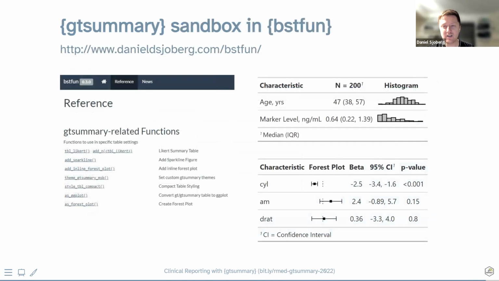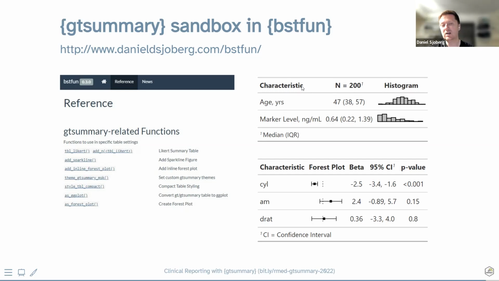We have another package with my department at the hospital called bstfun, for biostatistics functions. And it's kind of used as a sandbox for gtsummary functions sometimes. So things can sometimes start there, then get migrated to gtsummary, or they might just live there as a little helper function that makes other types of gtsummary functions.